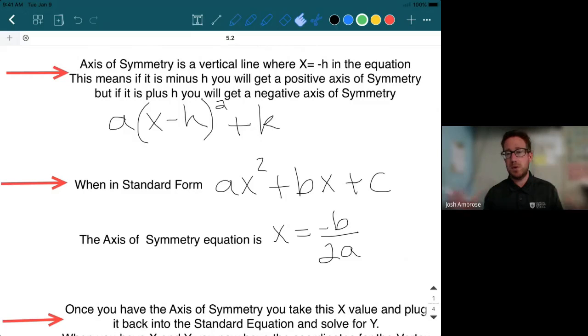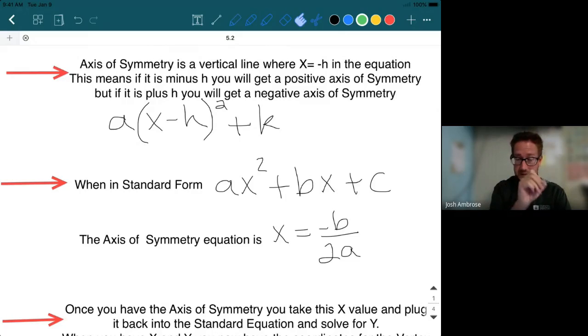There's a lot of words there that basically mean you make that parabola, you got a smiley face or you got a frown, and you could cut that parabola perfectly in half, right? Axis of symmetry, the word symmetry is in it. If you were to cut it in half, basically fold it like a piece of paper, that line is the axis of symmetry that will go right in the middle.